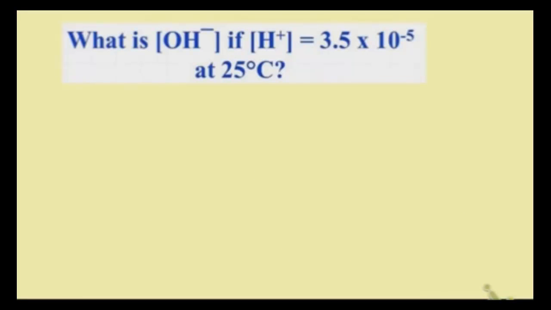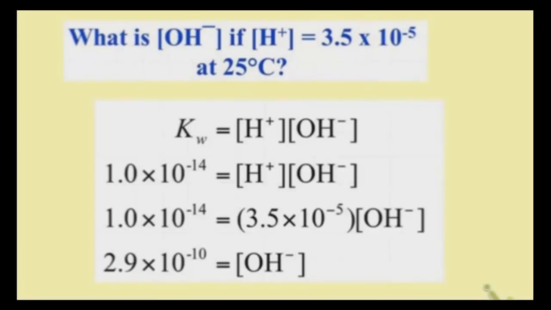So let's say we wanted to know what the hydroxide concentration is if we know that H+ is 3.5 times 10 to the minus 5, and we know that it's at 25 degrees Celsius. Well, we can write the expression. Kw is H+ times OH-. We've done this kind of thing in our equilibrium work. The Kw is 1 times 10 to the minus 14th.